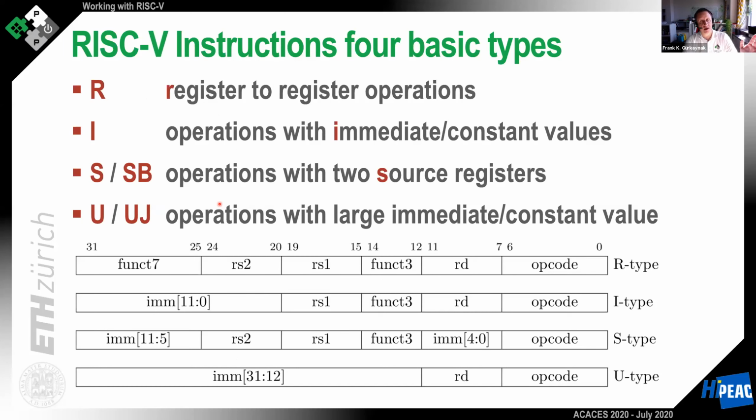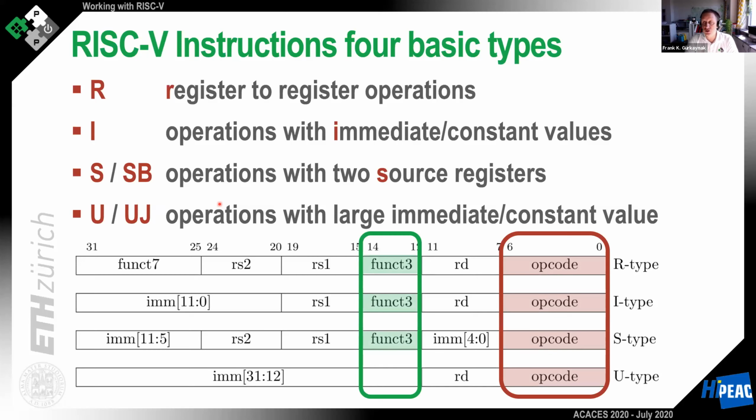On the left-hand side, you see the most significant bit. On the right-hand side, you see the 0. And these are the 4 types I was talking about. And you realize that the LSBs always contain the opcode, so that tells you which instruction we are running. This may be enhanced by a function because for R-type, there could be several functions within the same opcode.